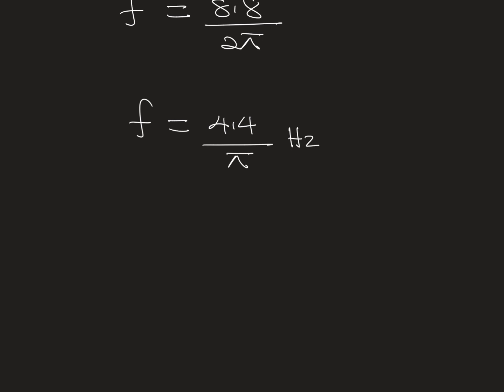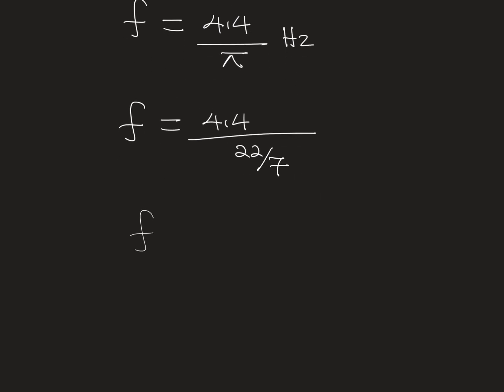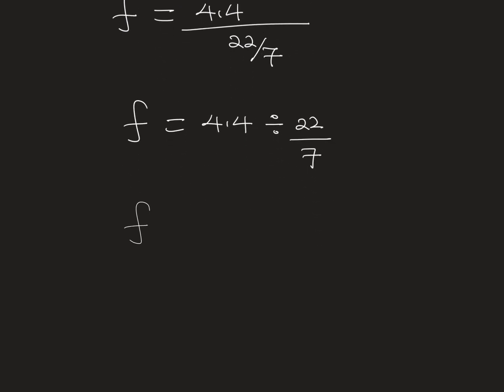But if I want to substitute the value of pi, frequency will be equal to 4.4 divided by 22 over 7. So that is F is equal to 4.4 divided by 22 over 7. So we can express this as F is equal to 4.4 times 7 over 22.